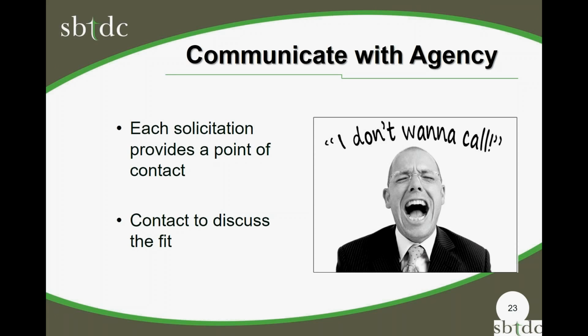The program manager is the person that is overseeing, from a logistical, programmatic standpoint, the topics that you're reviewing.